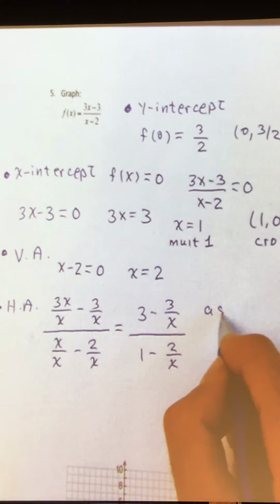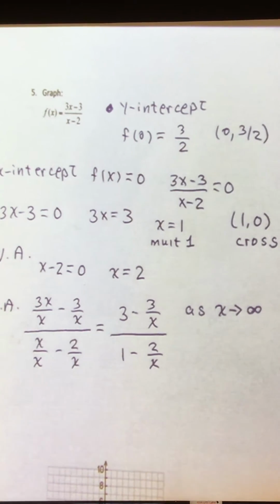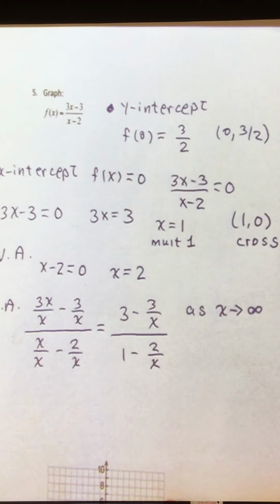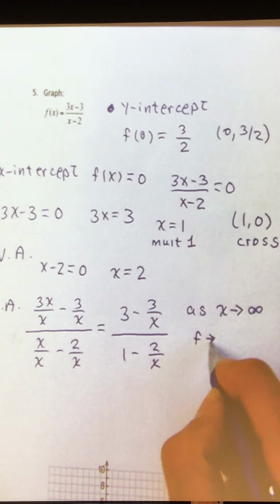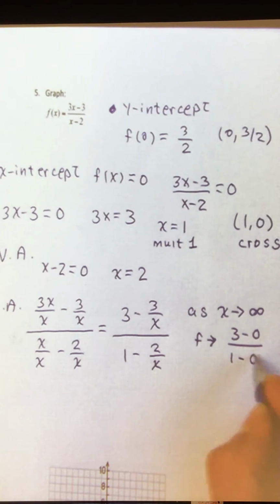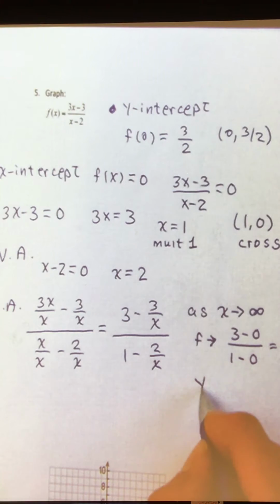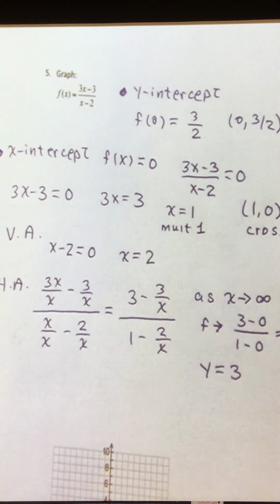And now ask, as x gets very, very large, what happens to the function? The function will approach (3 - 0)/(1 - 0), or 3. So the horizontal line y = 3 is our horizontal asymptote.